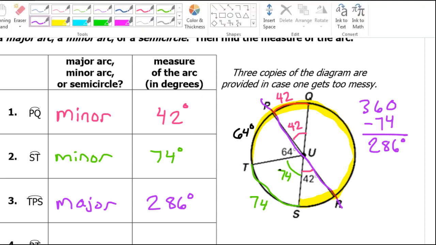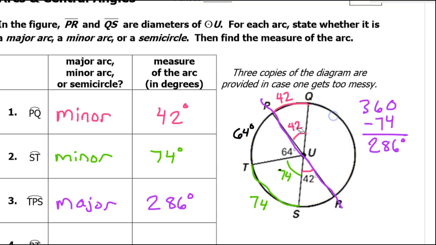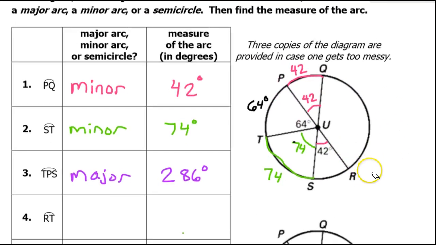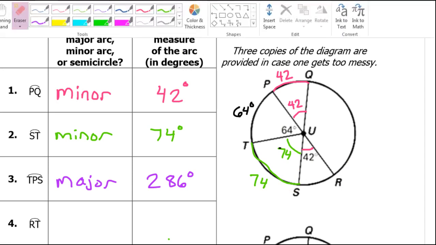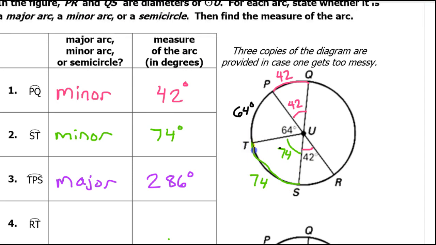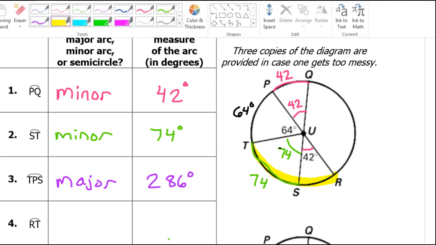All right, let me erase this yellow and such so I can highlight my next answer. Okay, RT. So now we're talking about arc RT, which is right here. That is clearly less than 180.